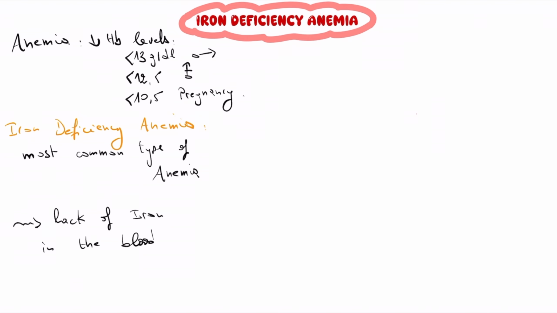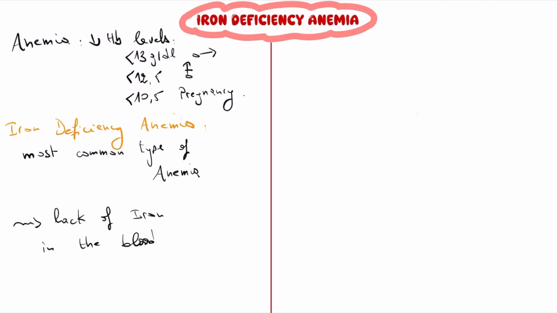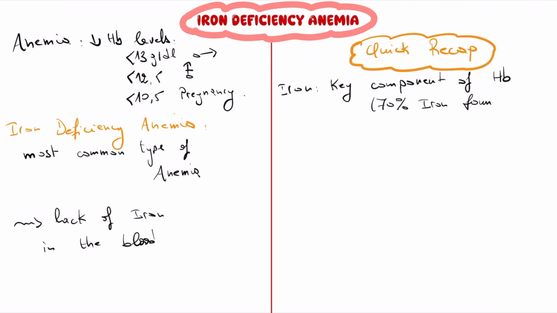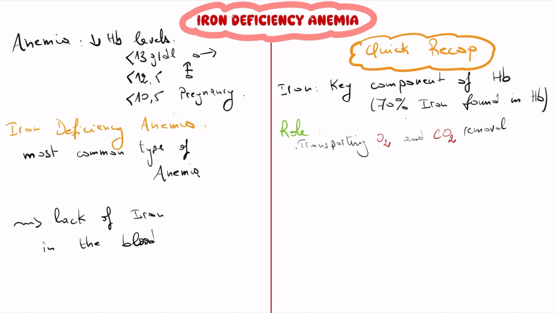Quick recap on iron. Iron is a key component of hemoglobin, as 70% of iron is found there, which explains why anemia is the most frequent manifestation of iron deficiency. Its roles include transporting oxygen from the lungs to the tissues and removing carbon dioxide.